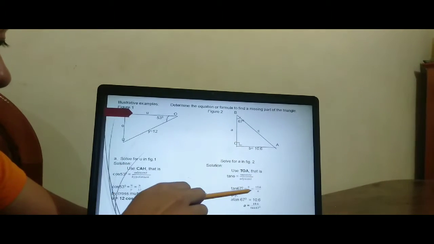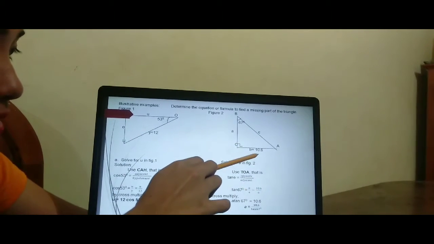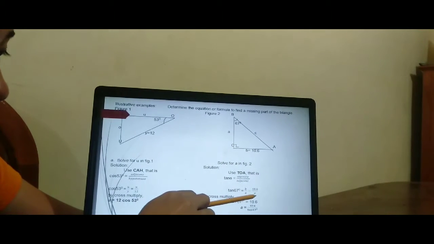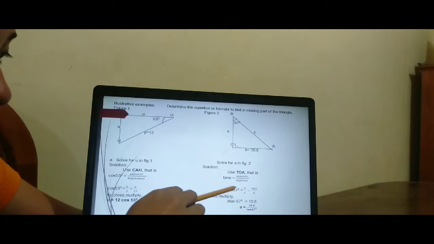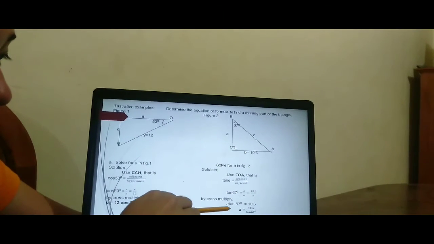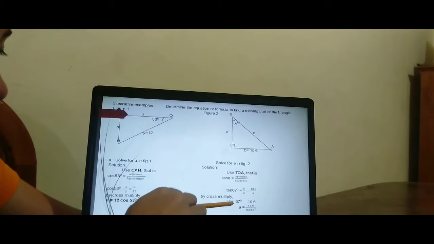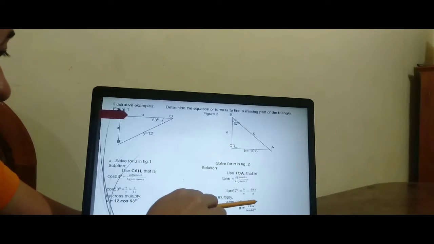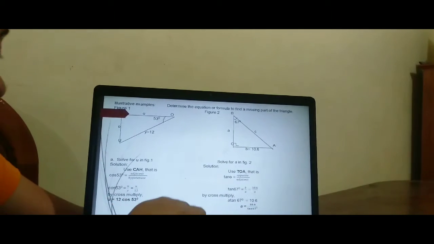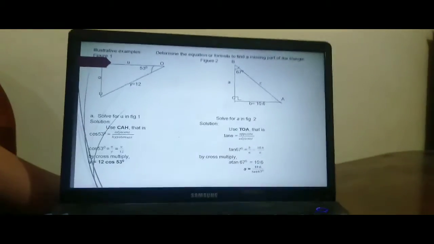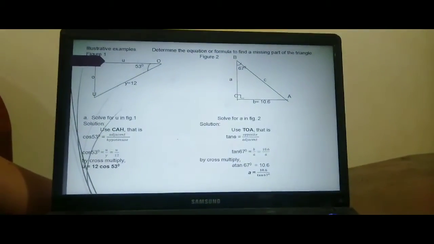And then substitute na ta, si B is 10.6. So we have to cross multiply. Ano siya? That is A tan 67 is equal to 10.6. So A is equal to 10.6 over tangent 67.